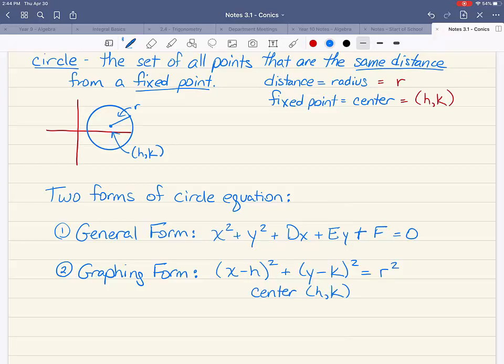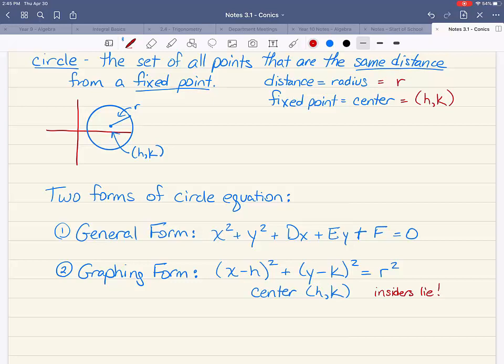Now, I want to point out to you, notice that both parentheses say minus. That is very, very important. If you see x minus 2, the quantity squared, the center is at positive 2. If you see y plus 3, the quantity squared, the y coordinate of the center is negative 3. What I tend to tell my students to help them remember is the phrase that insiders lie.